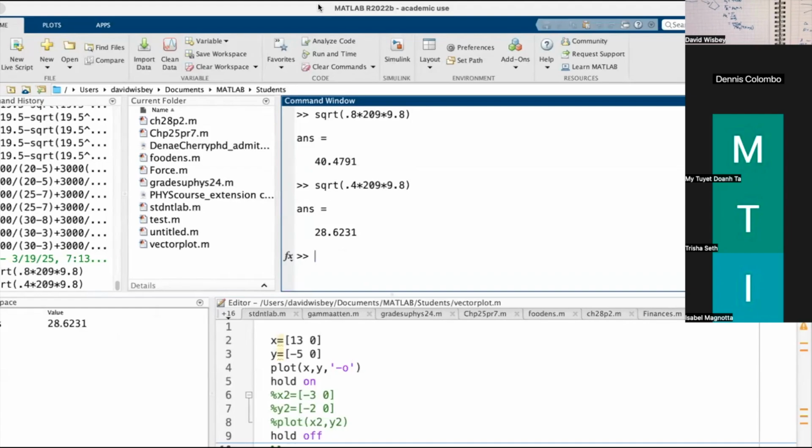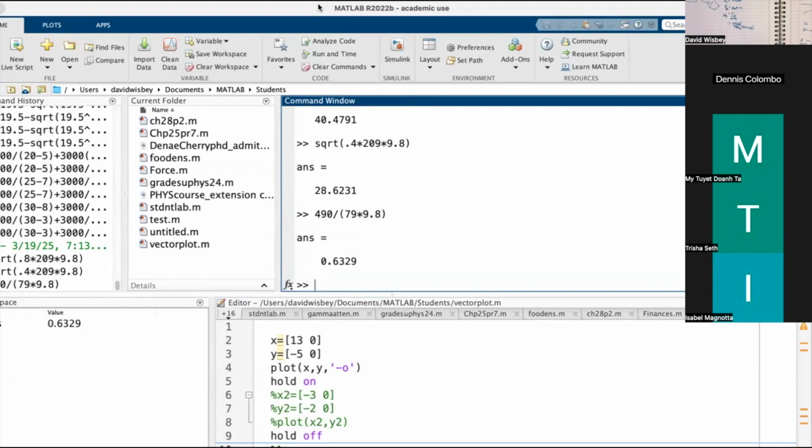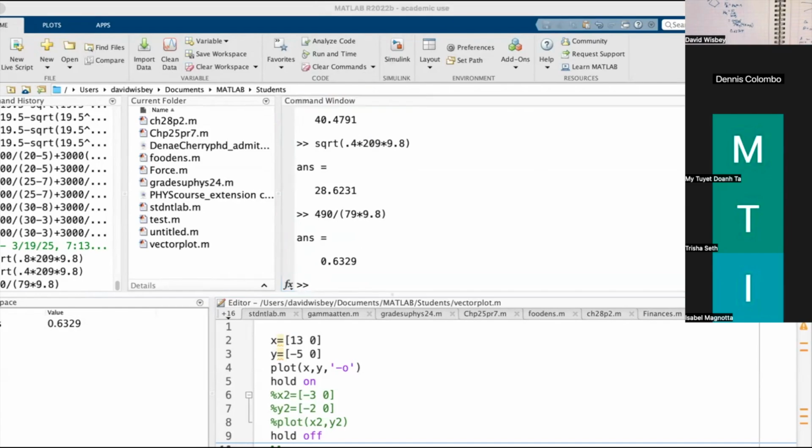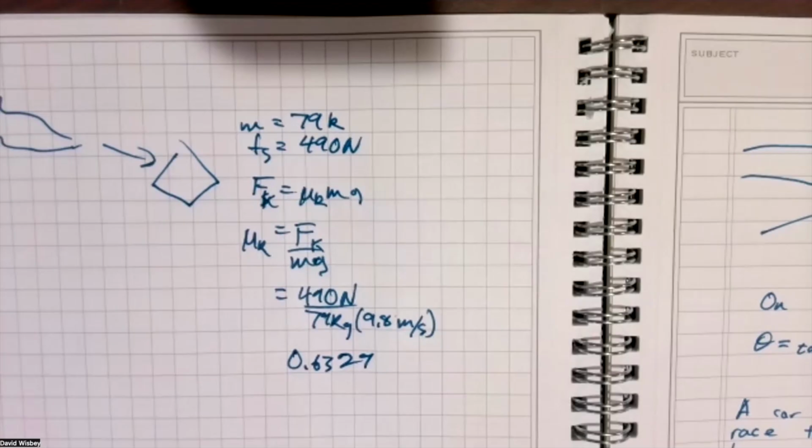So we have 490 divided by 79 times 9.8. And so it looks like the coefficient of kinetic friction is going to be 0.6329. All right, let's put it in and see what we get.